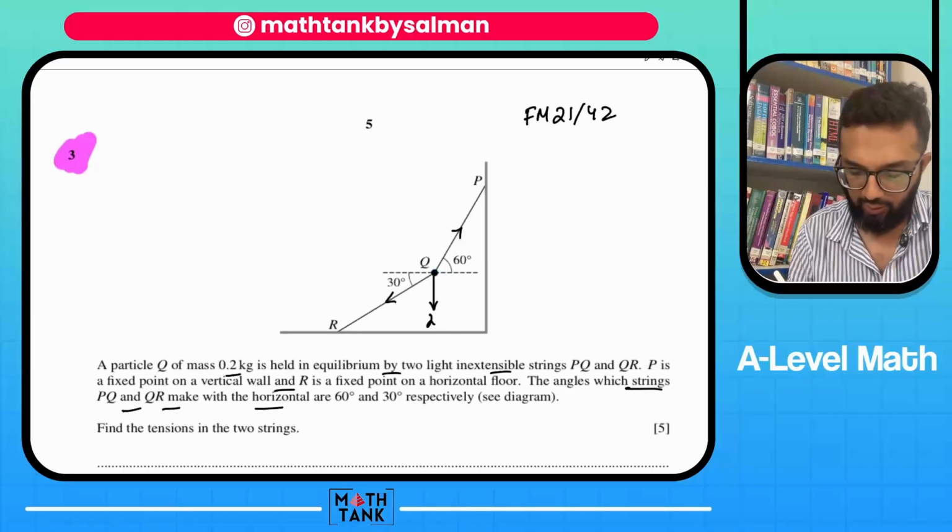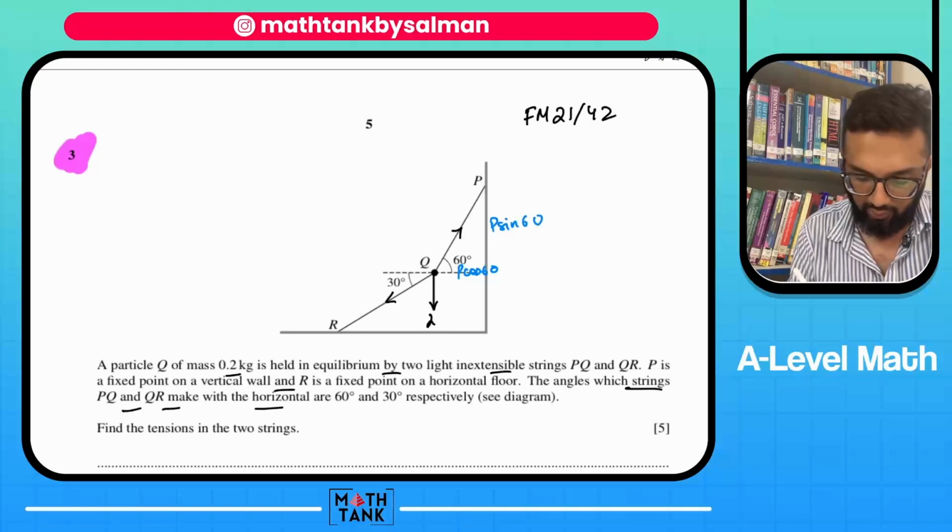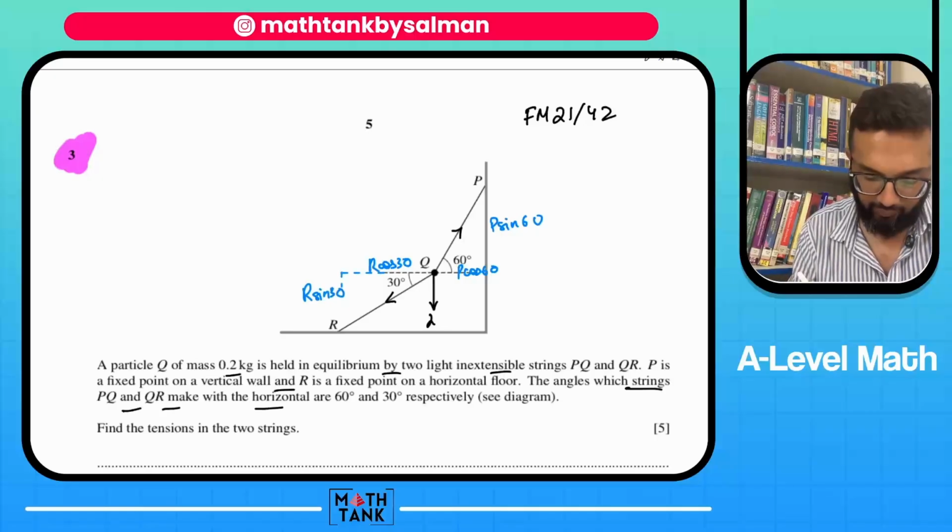Okay, I'm just going to write P cos 60 and P sin 60 and R cos 30 and R sin 30. सही है, वो डॉटेड लाइंस ही बना देते हैं आगे. Okay, so it's going like that and it's going like that.